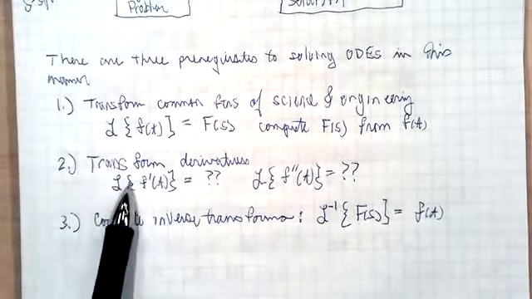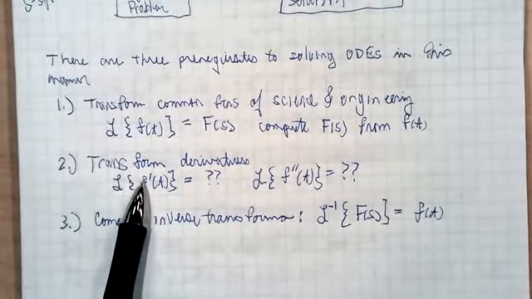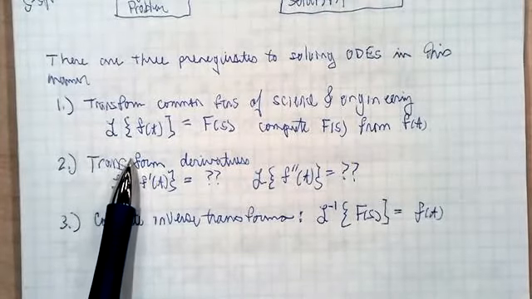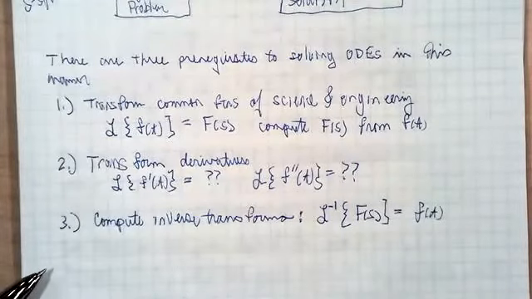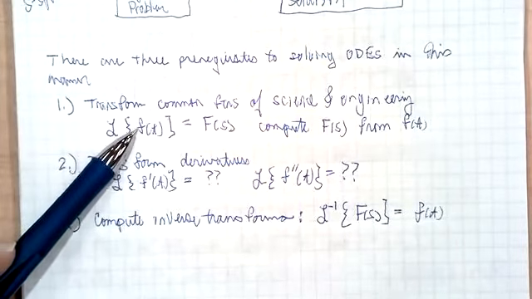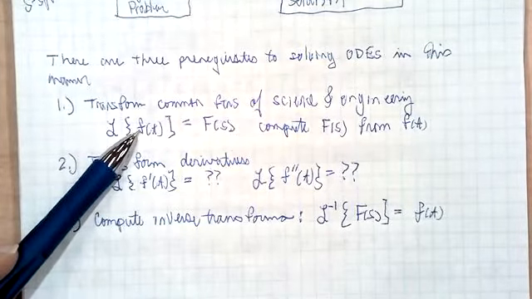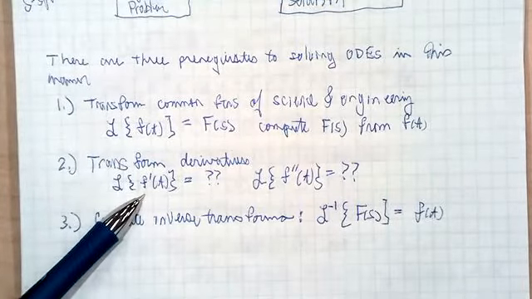The next thing we need to know is how to transform derivatives. If you think about it, an ODE is going to be involving some unknown function. Typically, we write it as y of t. Well, just because we know how to transform things like e to the t and cosine of t and stuff like that, it doesn't mean that we know how to represent their derivatives.